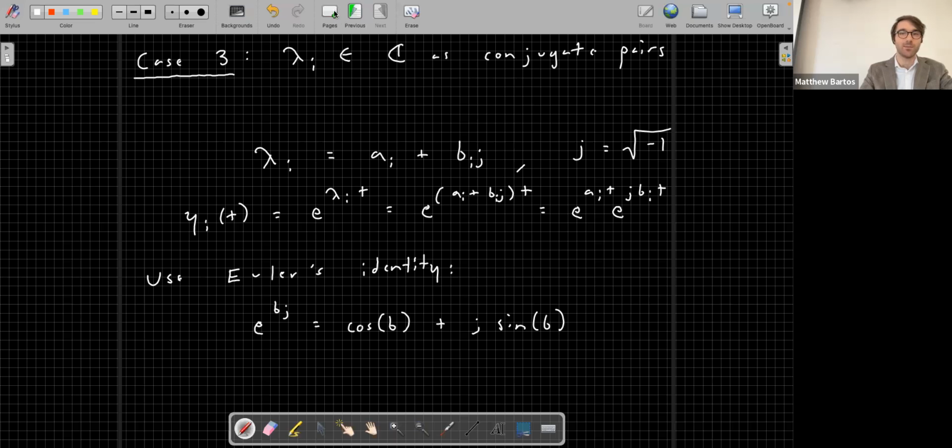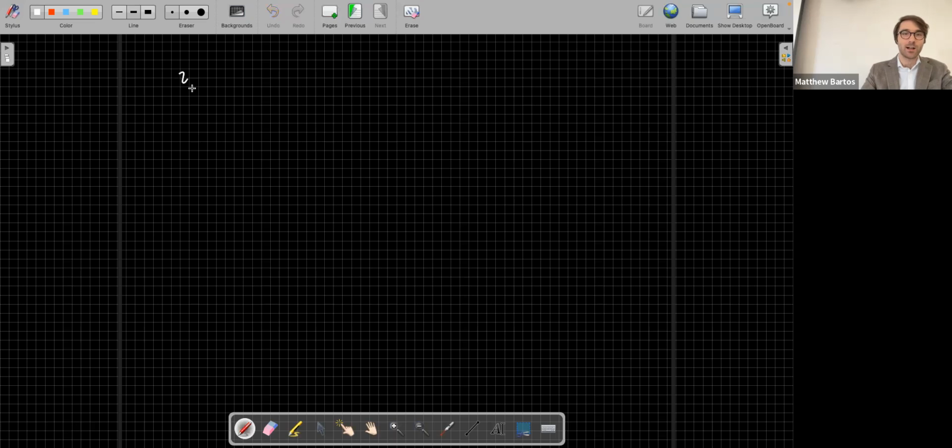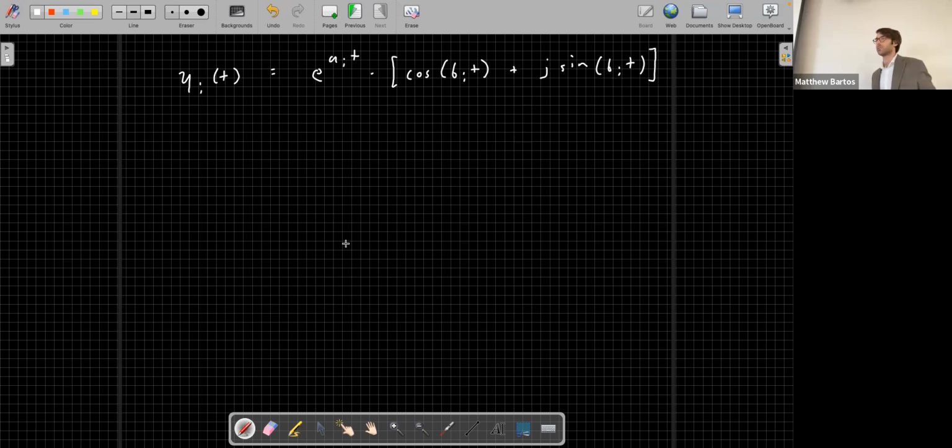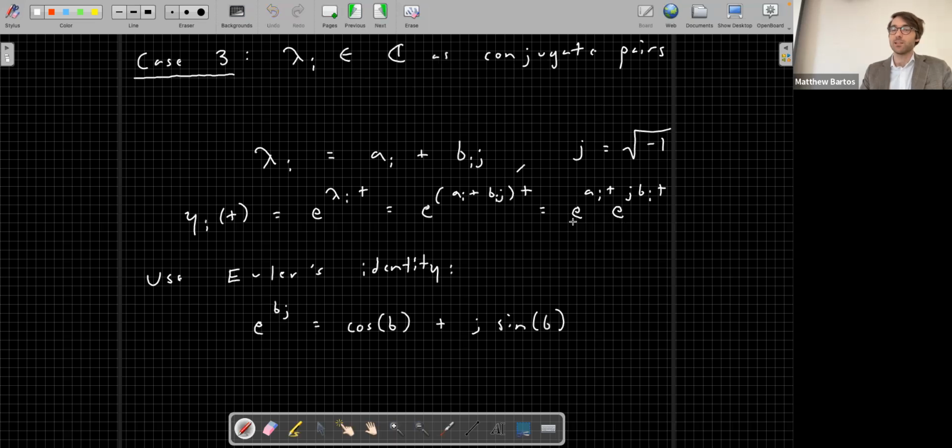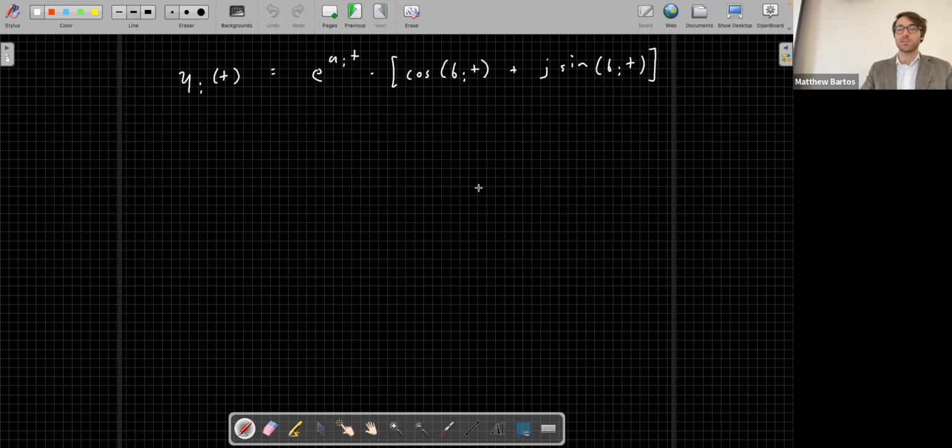Okay, so we have that y_i of t is equal to e to the a_i t times quantity cosine b_i of t plus j sine b_i of t. Does this look familiar to material you may have seen in undergrad? Right. So we can take that exponent with the imaginary unit in it, and we can express it as cosine b_i t plus j sine b_i t.